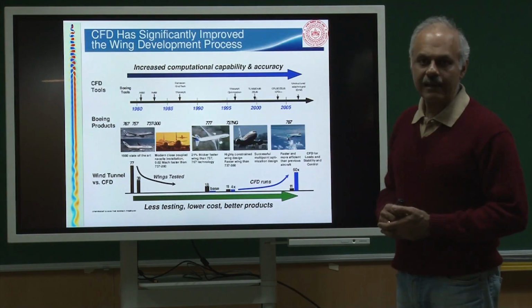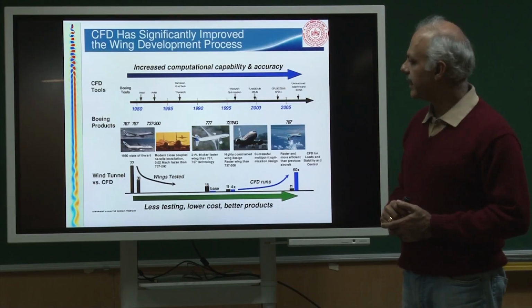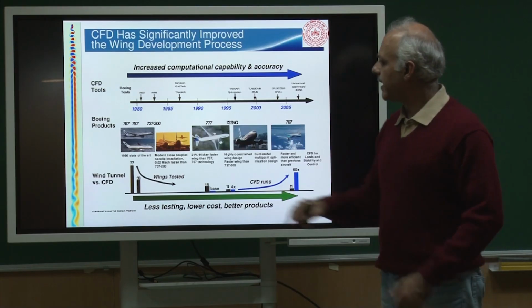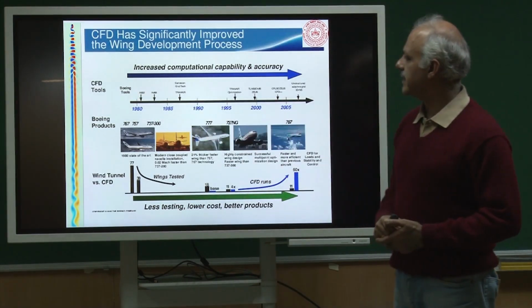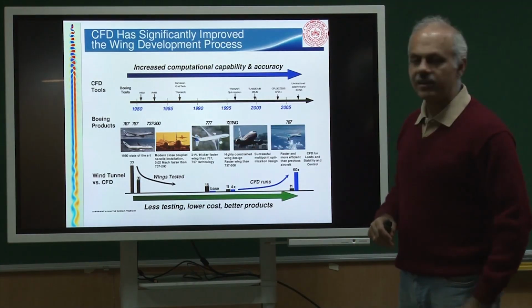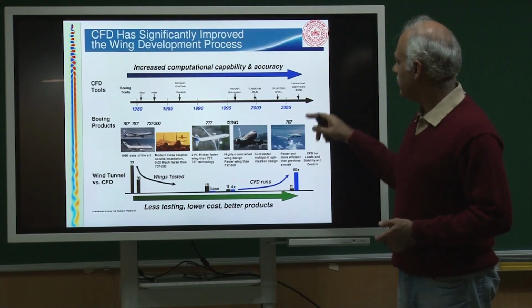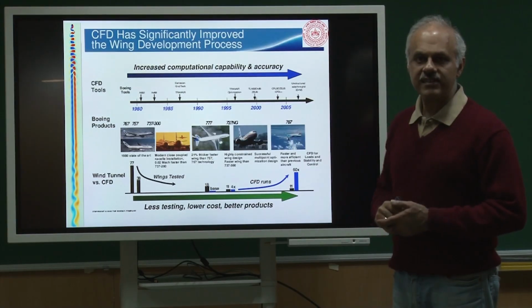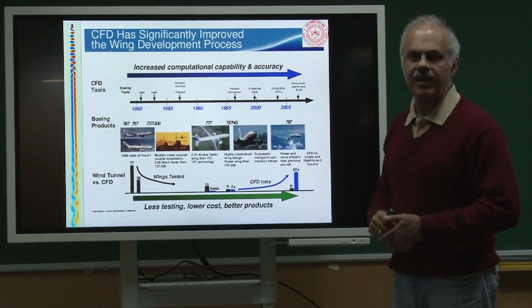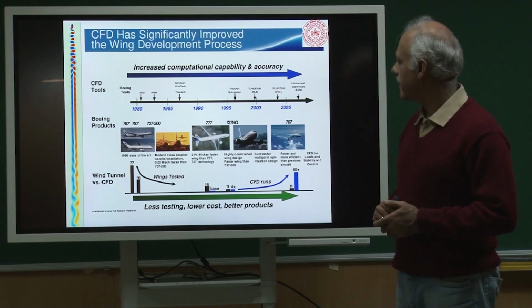So, how has CFD helped Boeing? Again, this is a slide directly from them. Listed in this slide are the various CFD tools that they have used. In the 80s, for example, they did not have such high fidelity tools as they have today. For example, now they can do unstructured grids, adaptive, and we'll understand these terms as we go on.